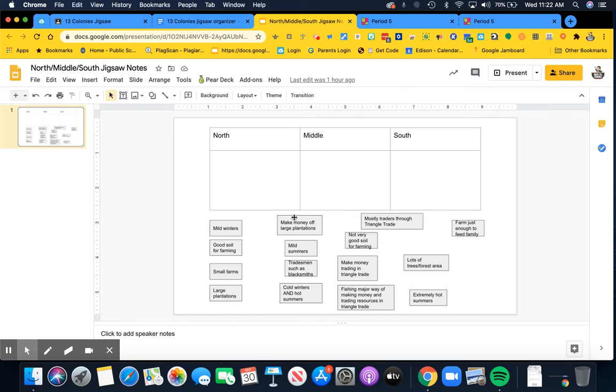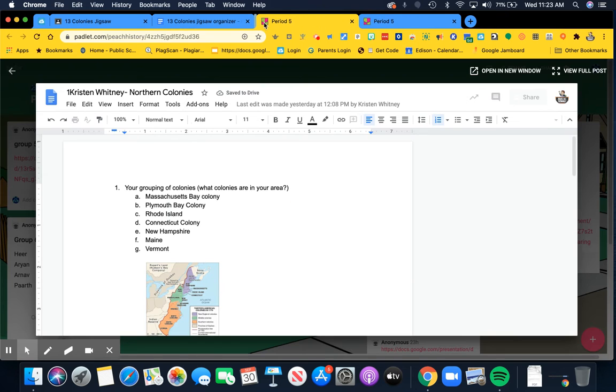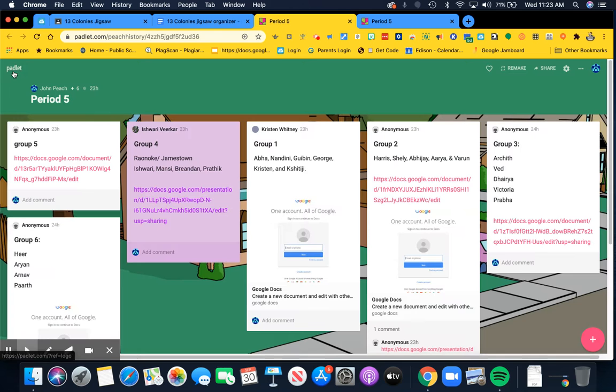So if the North made money off plantations, you're just going to kind of drag that over to here. I gave you the main information down here, so you're going to basically use their notes to drag and drop that in there to make that easier to follow along with.